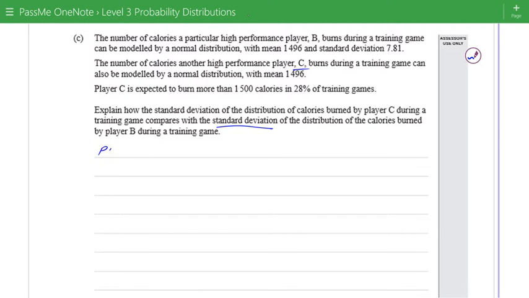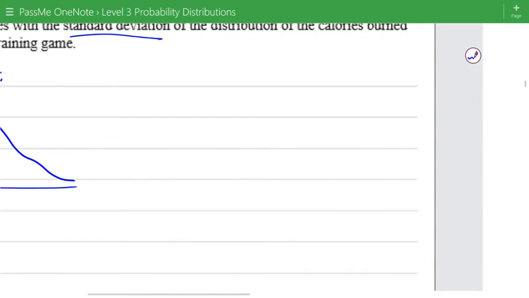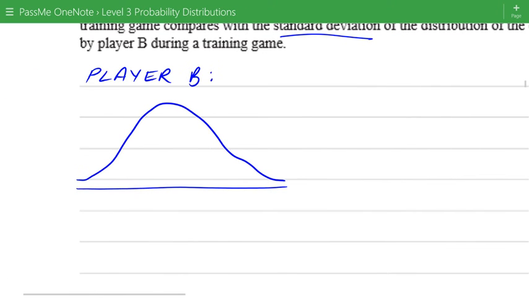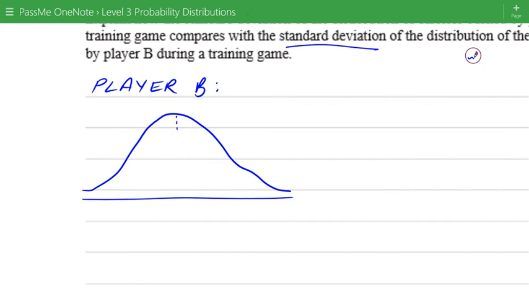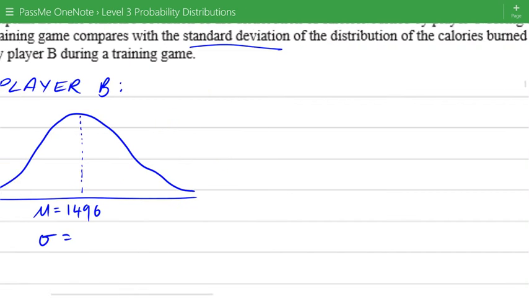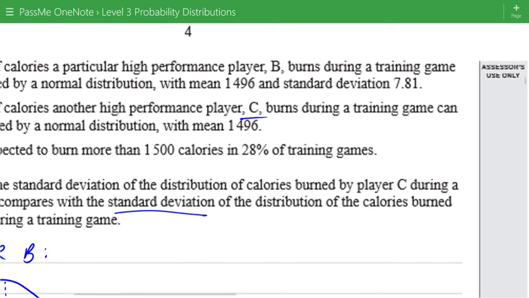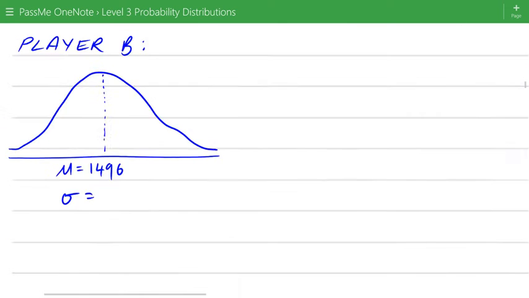I'll start with player B. Here's his distribution approximately, and we're told in the question that player B has a mean of 1496 and a standard deviation of 7.81.